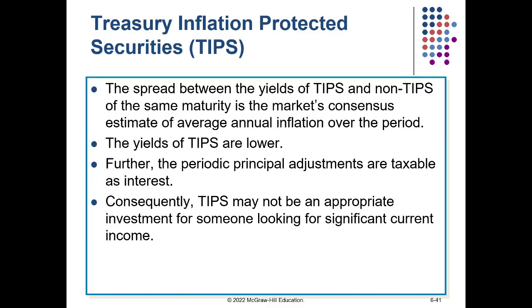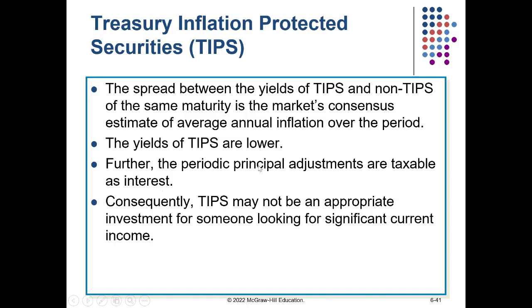If it's the same maturity, then the only difference is whether the face value is adjusted based on the inflation rate or not, right? Therefore, the spread depends on the estimate of the inflation rate over that period, and the yields of TIPS are usually lower. And further, the periodic principal adjustments are taxable as interest.